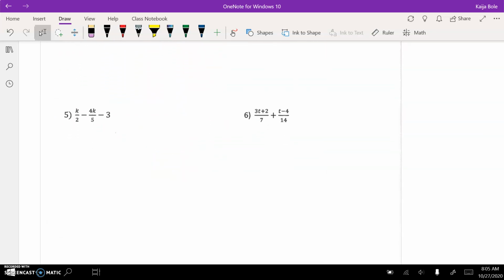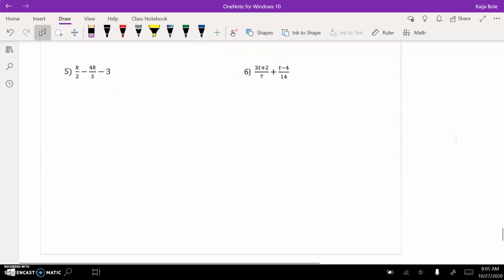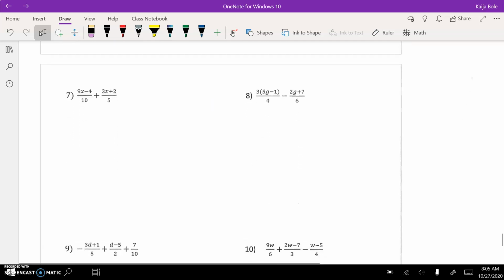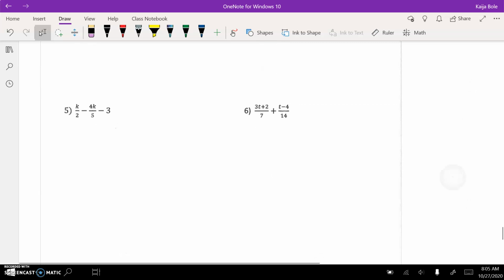And now 5 through 10, the rest of it has just the fractions already made. Number 5 is pretty straightforward. Number 6 goes with 7, 8, 9, and 10. So on number 6, the first thing that I would do is take a look at it.